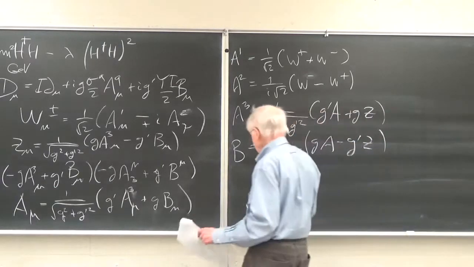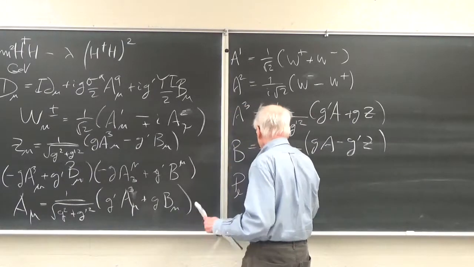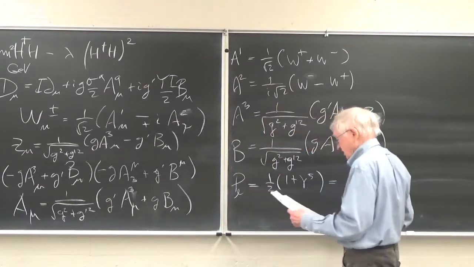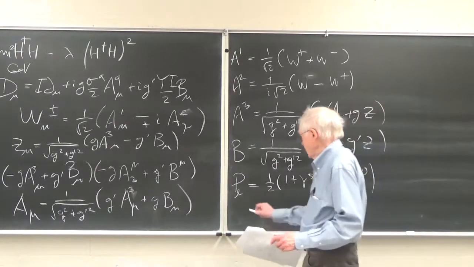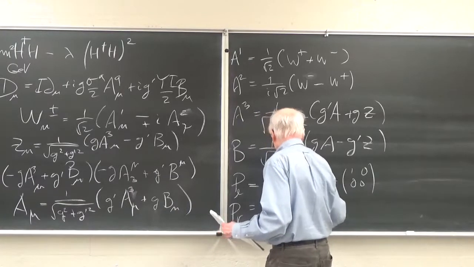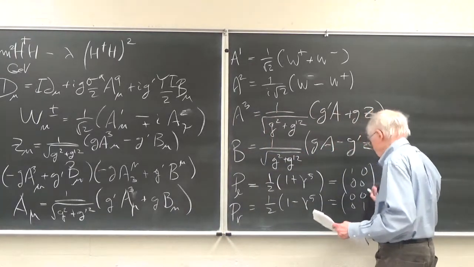When I said left-handed and right-handed, what I meant was there are these projection operators, a half, 1 plus gamma 5, which in direct matrix lingo looks like this. P right is the opposite one, 1 minus gamma 5, which is 0, 0, 0, 1.